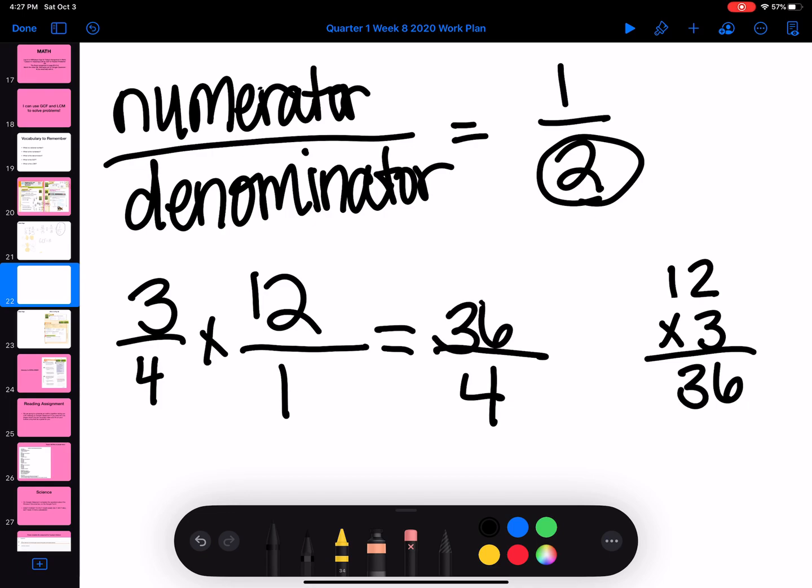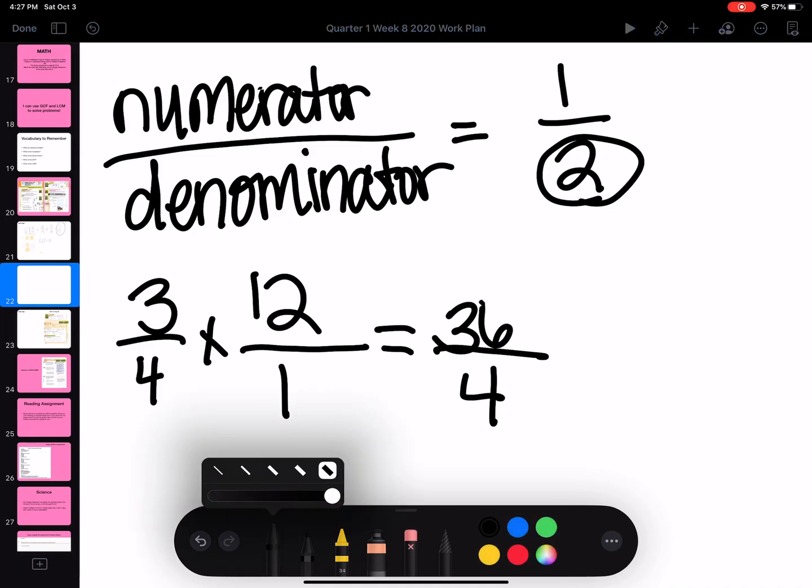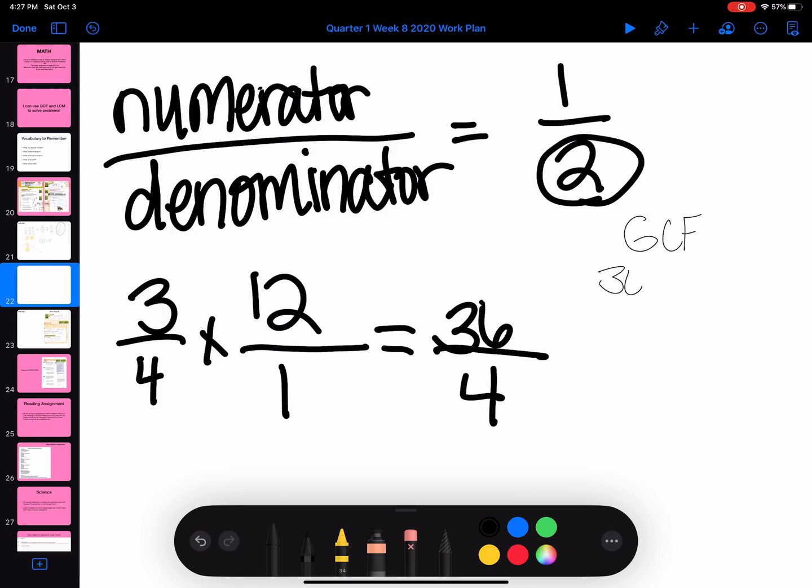So 36/4. However, I know that 36/4 is not simplified. So I need to find the greatest common factor, GCF, of 36 and 4 to be able to figure out what to divide by. I'm going to start with 4. I know the factors are 1, 2, and 4.